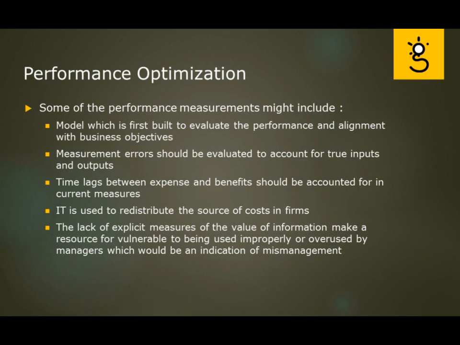And what else? The lack of explicit measures of the value of the information can make a resource vulnerable to being used improperly or being overused by managers, and that could be an indication of mismanagement. In other words, if we're not taking these explicit measures, if we don't know what the value of this resource is, then because we're not measuring it, it could be used wrong.